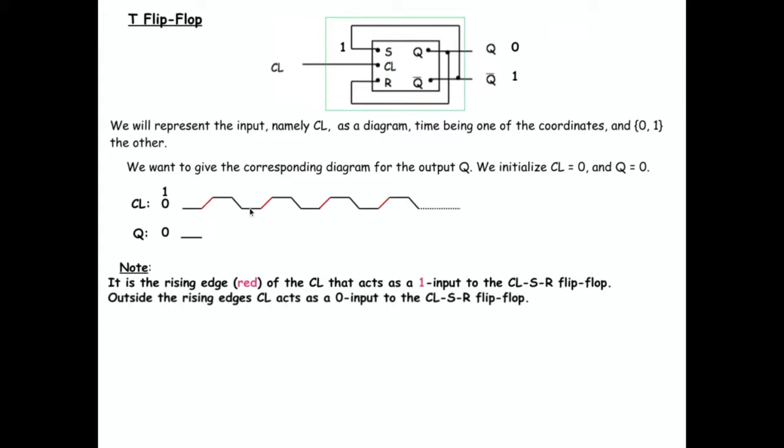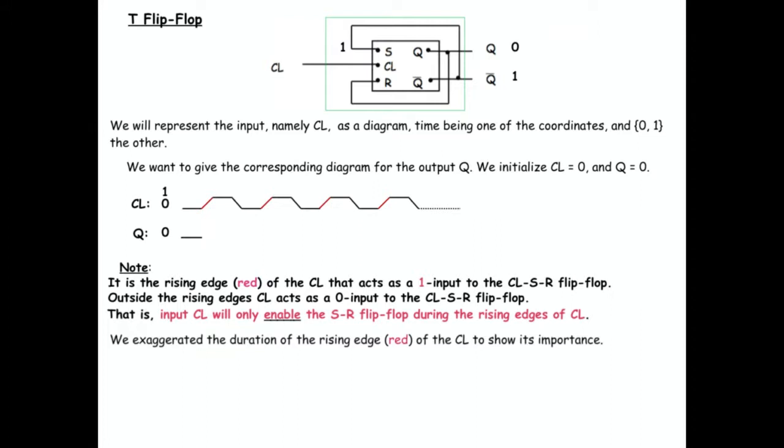For the rest of the single period of oscillation, there is no new signal going in, so we consider it zero. Okay? So the clock input will only enable the SR flip-flop during the rising edges of the clock.